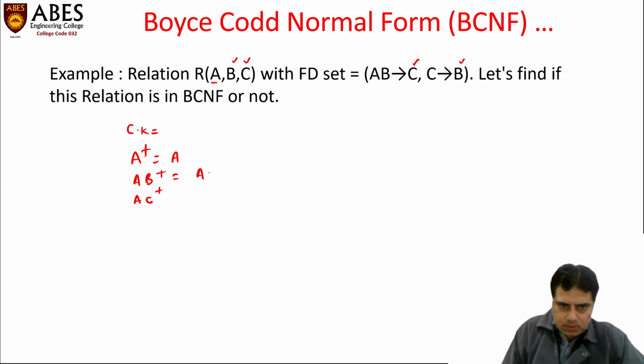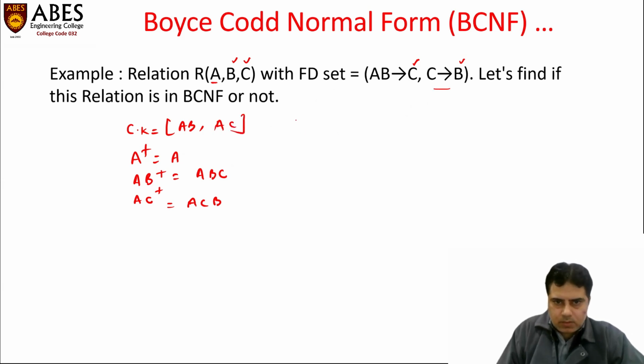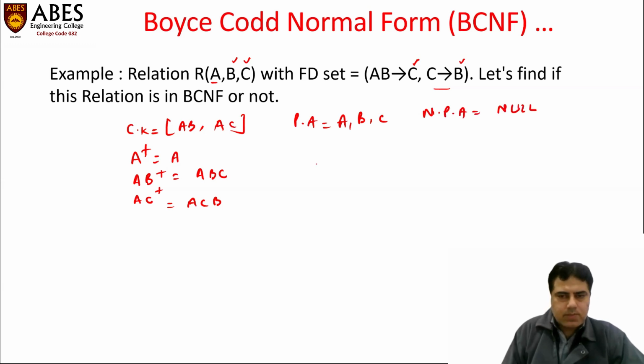From AB we can determine C, so the candidate key is AB. Check for AC: from AC we determine AC, and from C we determine B. So this is also a candidate key. Now the prime attributes are A, B, and C, and there is no non-prime attribute.